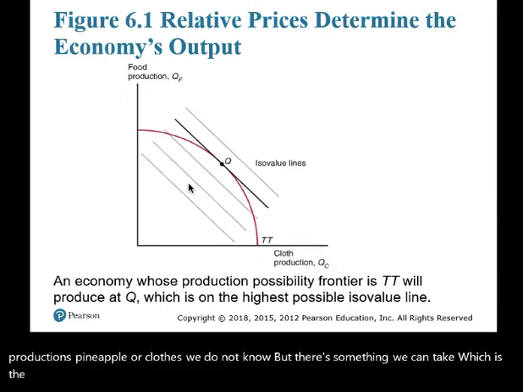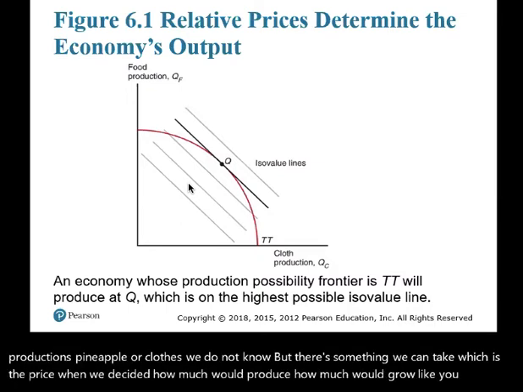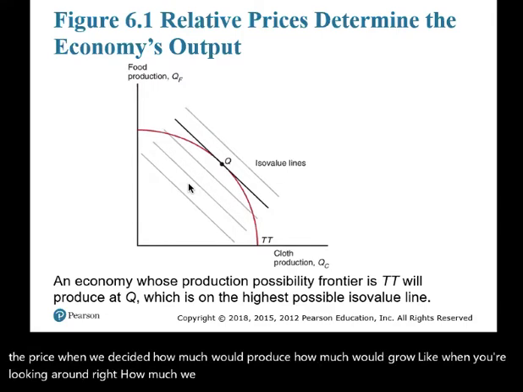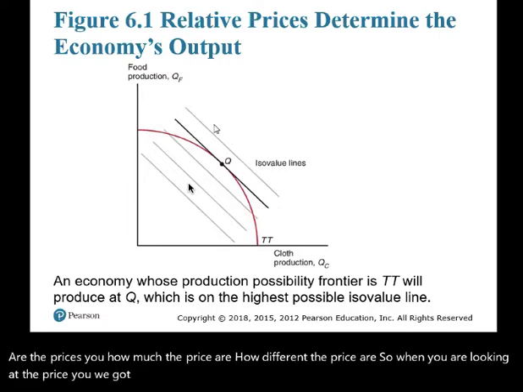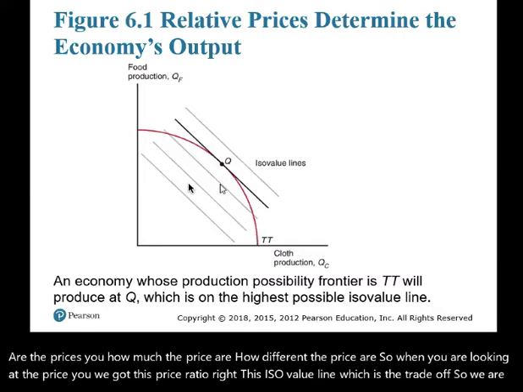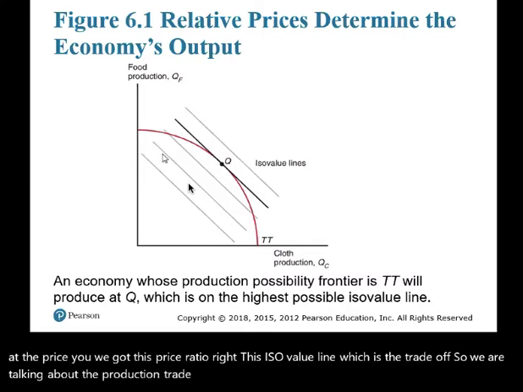When we study how much we produce, how much we should make, it depends on how much the prices are, how different the prices are. So when you look at the price, we get this price ratio, this iso-value line, which is the trade-off. We are talking about the production trade-off between food and clothes.